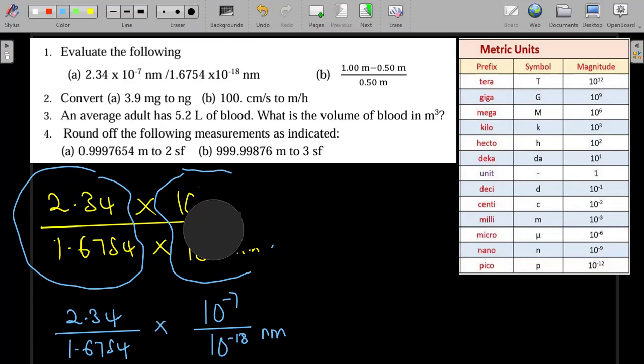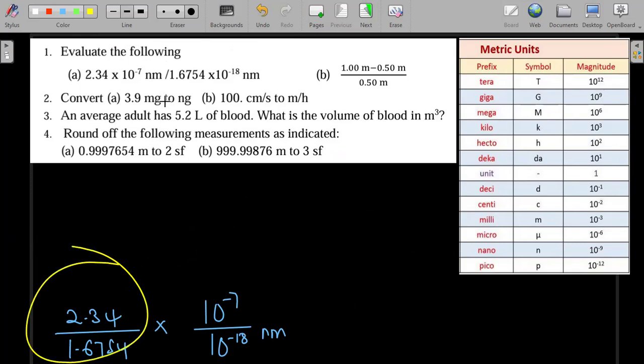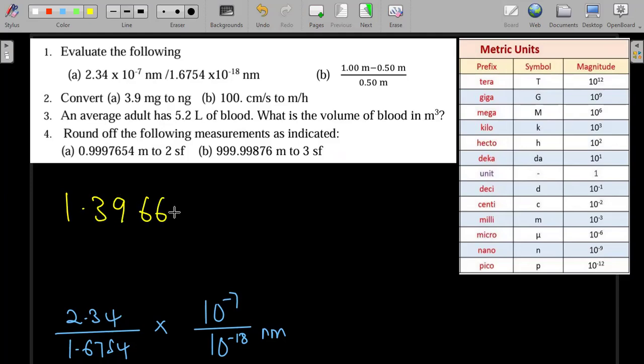From here, we just punch the calculator to get the value of this part, and then for the other part we use laws of indices. When I do 2.34 divided by 1.6754, I get 1.39668139.